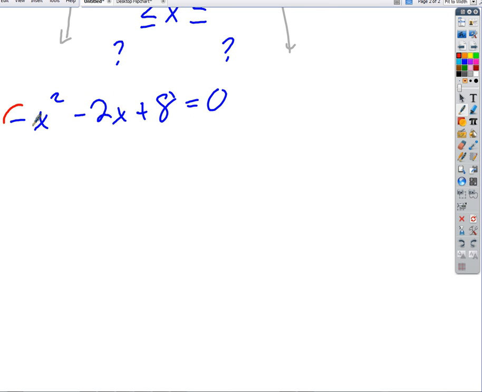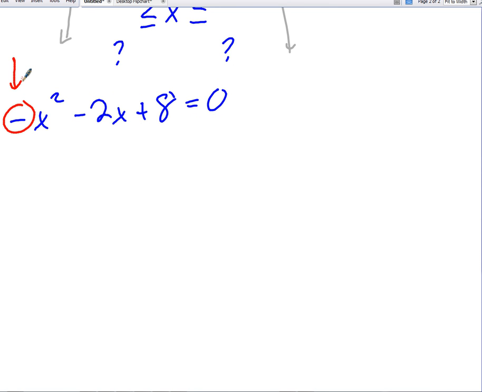Do I want to have a negative number in front of x squared? Good. I don't want a negative number there, so I'm going to multiply both sides by -1 and change all the signs when I solve this thing. So this one's going to become positive x squared, that one's going to become positive 2x, that one's going to become minus 8. And then I could use the quadratic formula, that's fine. Does this factor? Are there two numbers that multiply to -8 and add to positive 2? Because if it does factor easily, that definitely is easier than the quadratic formula.